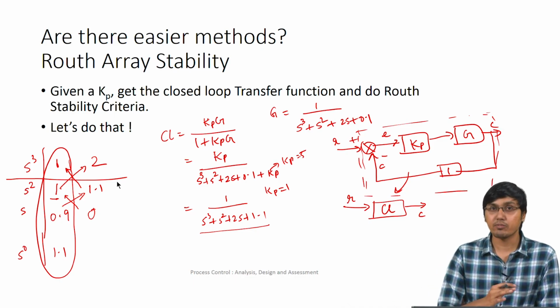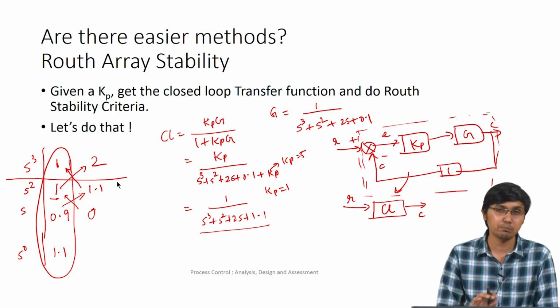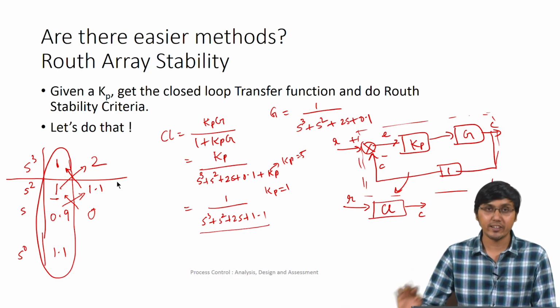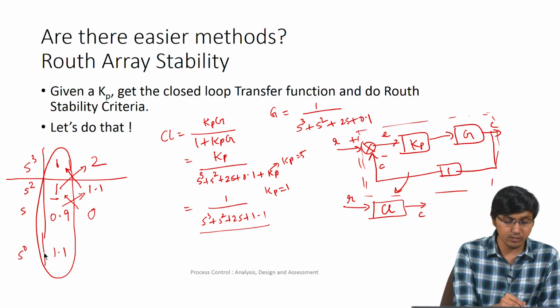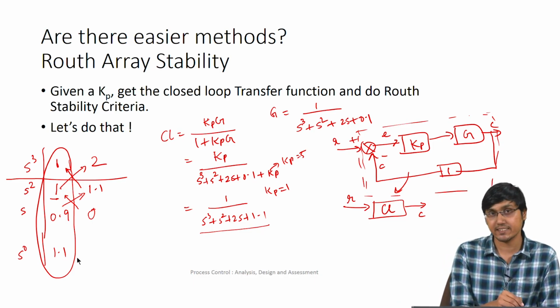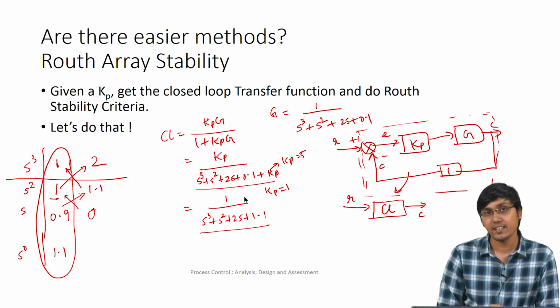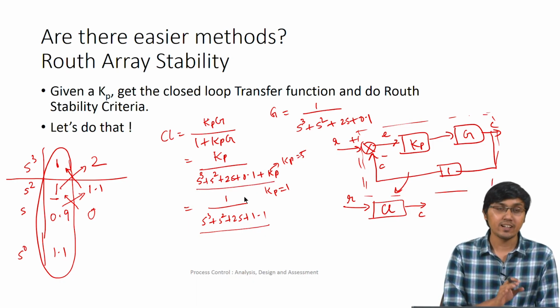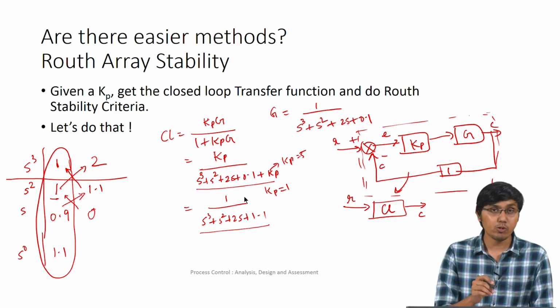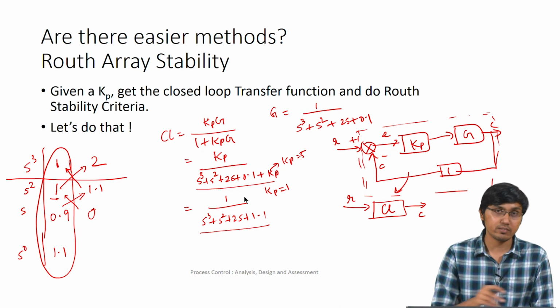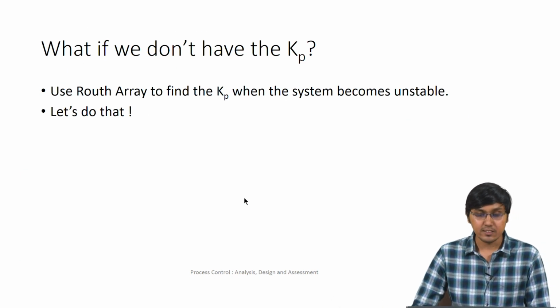Basically, you can resolve into partial fractions again and then check this. That will be an interesting exercise for you, it is a very simple thing. So, maybe you can do it for yourself. What you do is count the number of sign changes here, resolve this particular term into partial fractions, and then see whether there is some relationship between the number of poles on the right hand side of the S plane and the number of sign changes here.